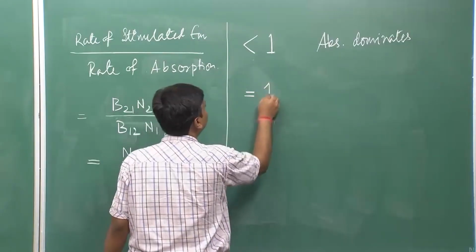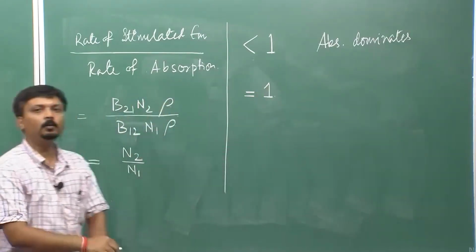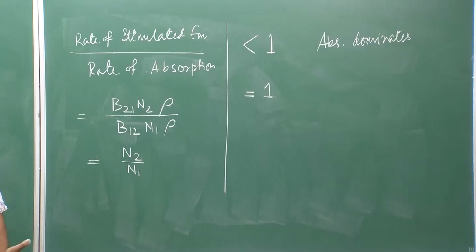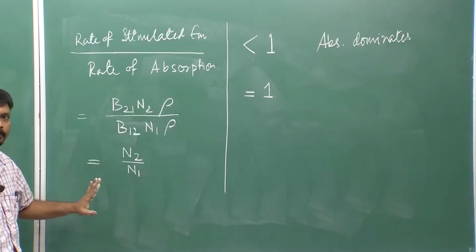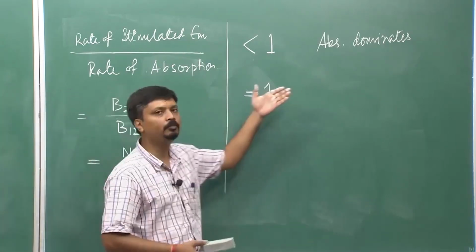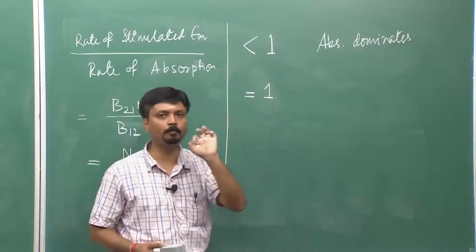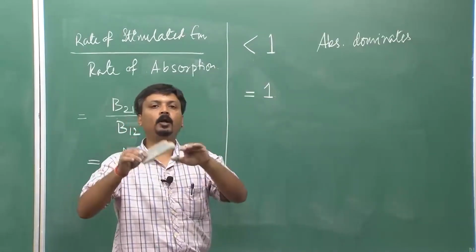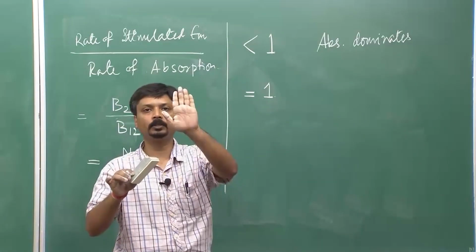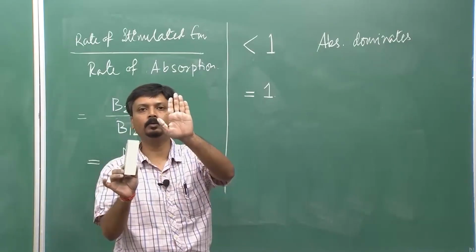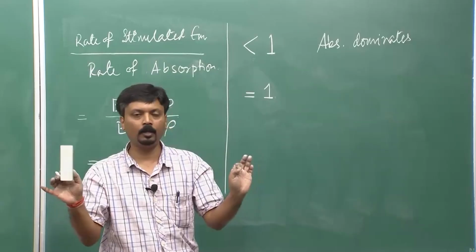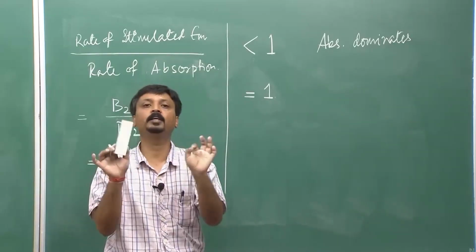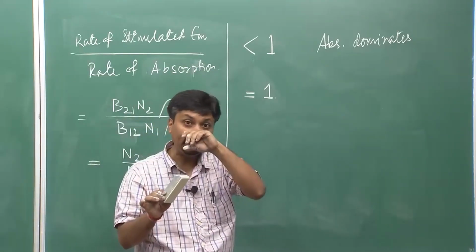If it is equal to 1, then again my situation is the same, the rate of absorption and the stimulated emission remain the same. So, I have a condition of saturation. The number of photons that I am putting in is not leading to anything, because the number of photons going up and the number of photons coming down due to stimulated emission are exactly equal. So, there is no net gain. This is a term that will be very, very important to you. I must gain something, right.